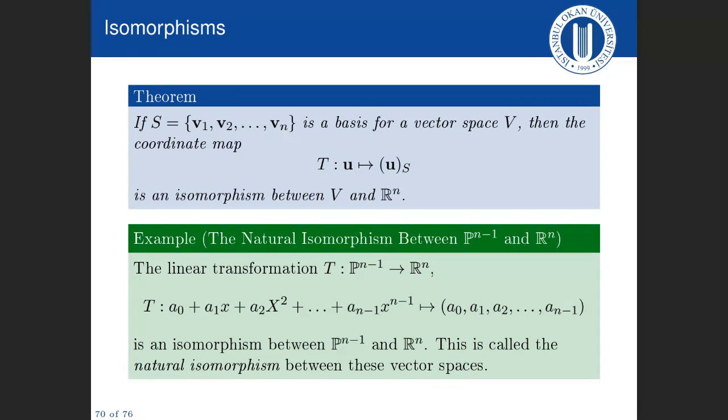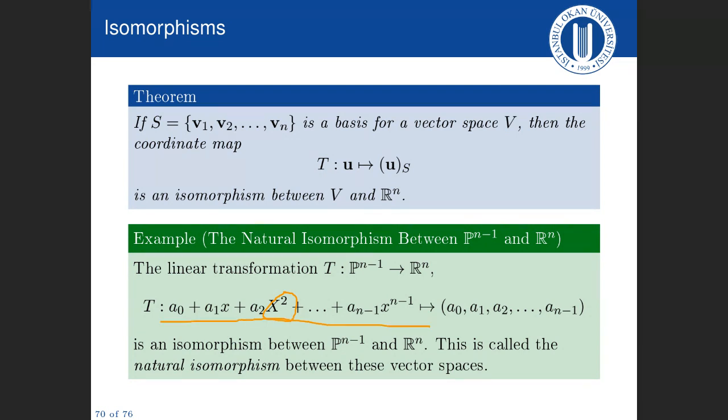Here's one, for example. There's another typo here. This should be small x. The linear transformation T, which maps from Pn-1 to Rn, does the obvious thing. It does what we'd expect.